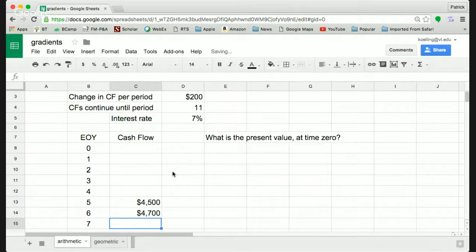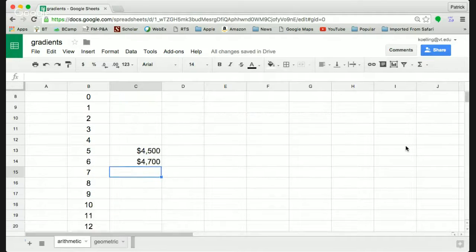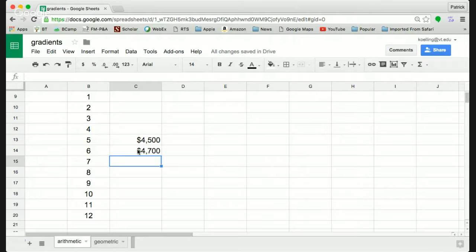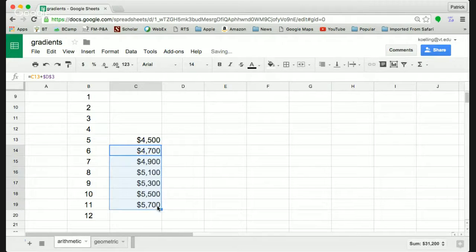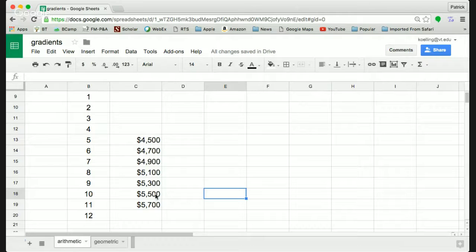So there's year 6, and we're going to continue until year 11. Just copy that down. And there we have the gradient series: 4,500, 4,700, 4,900, 5,100, 5,300, 5,500, 5,700.